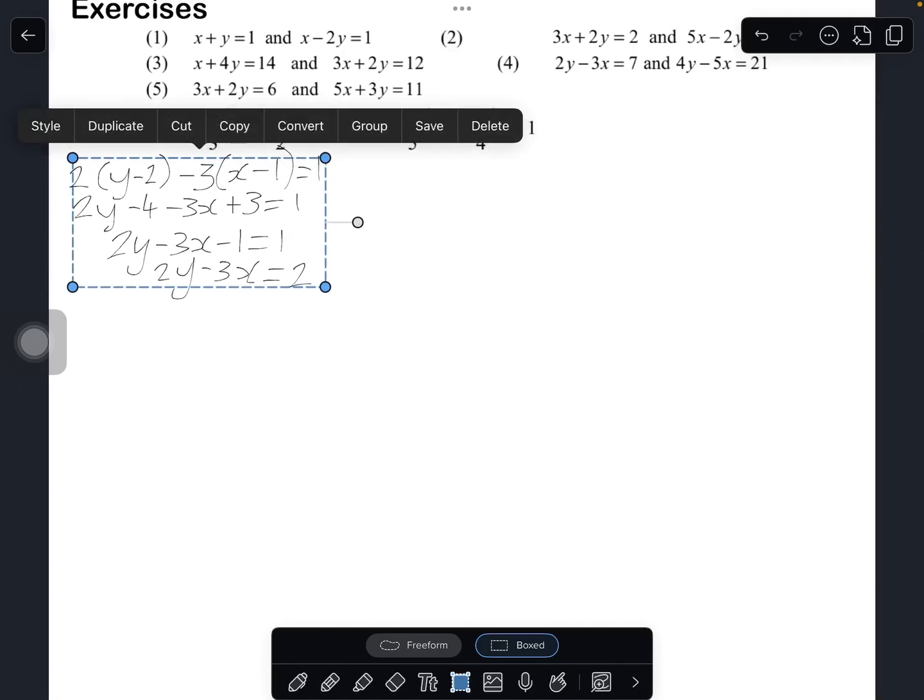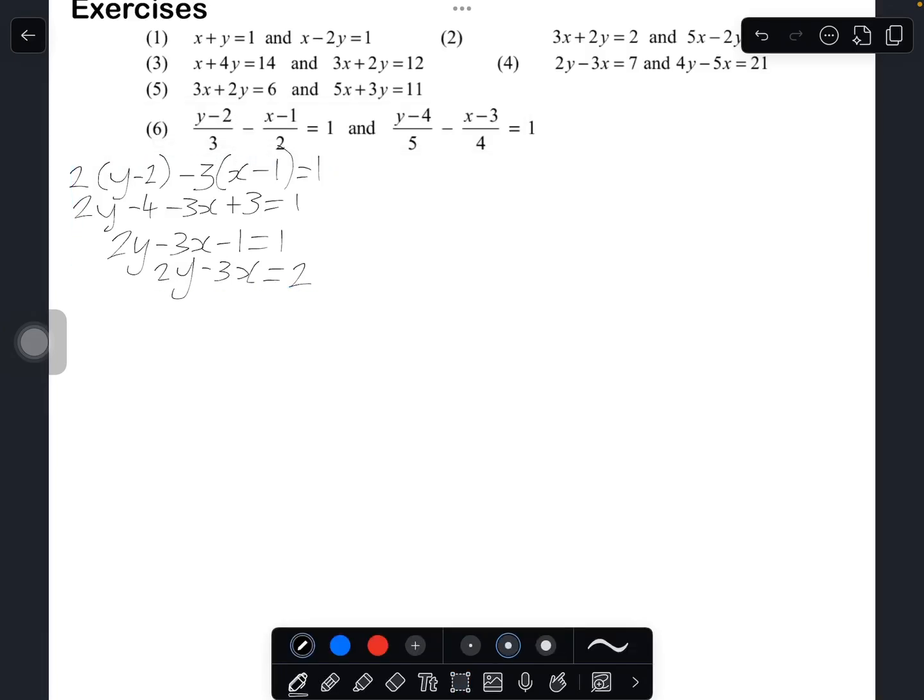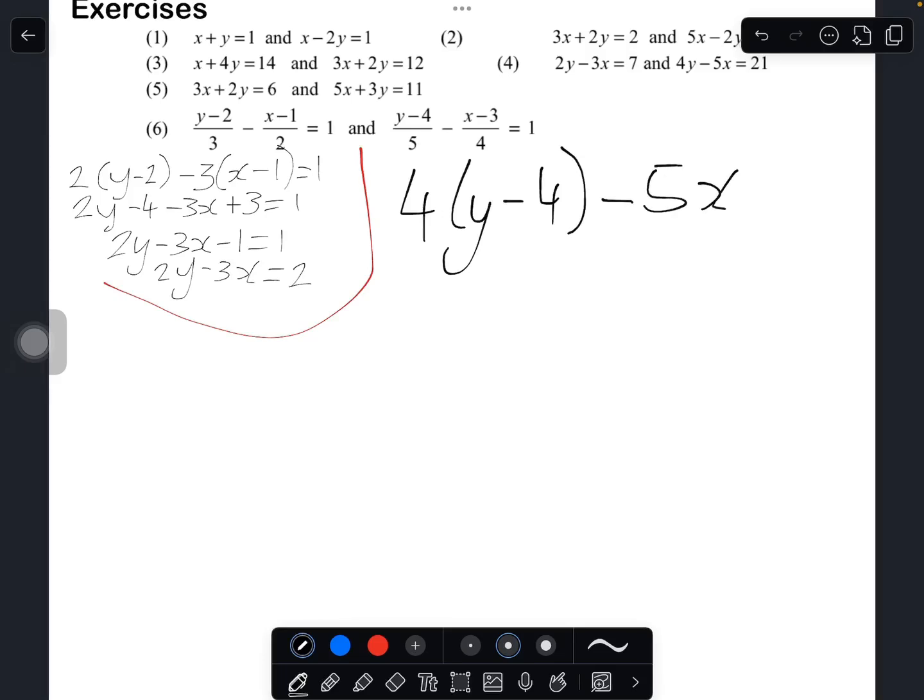So now we have the equation in a form that's easier to work with. So let's do that for the second equation as well. What's the lowest common multiple for 5 and 4? It'll be 20. So if I multiply the first one by 20, I'll be left with 4 into y minus 4 minus 5 into x minus 3 equals 1.